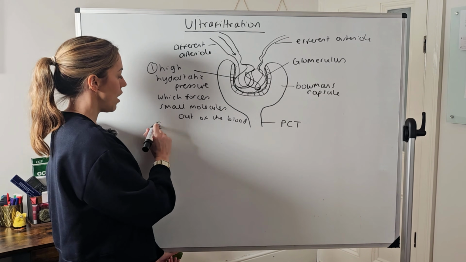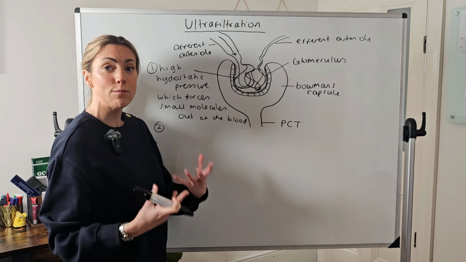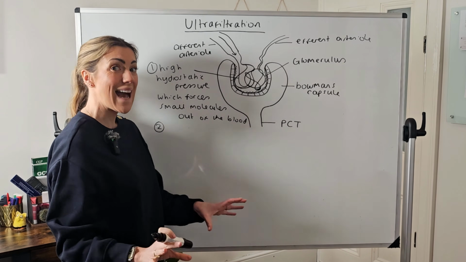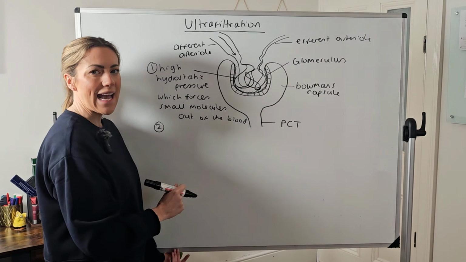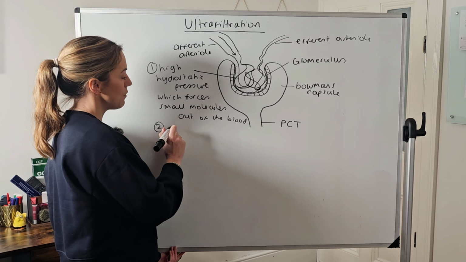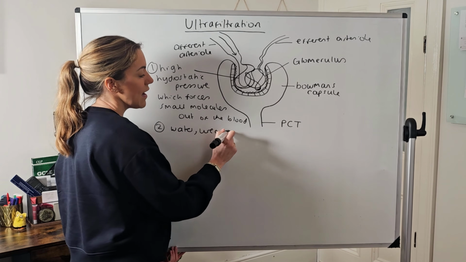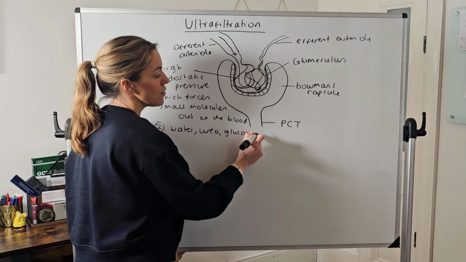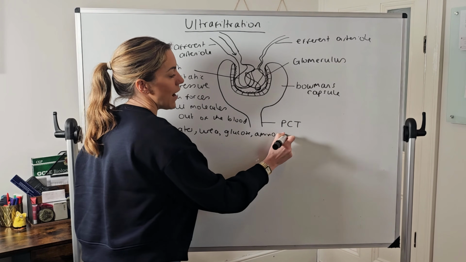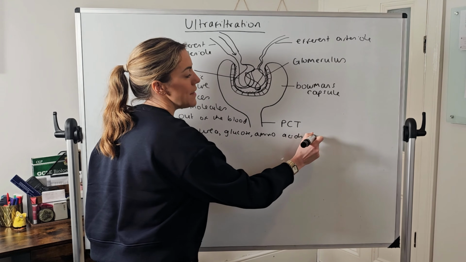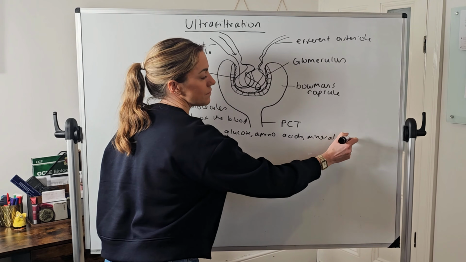Now, to get a second mark, we should really give some examples of these small molecules that can be forced out by that high hydrostatic pressure. So small molecules such as water, obviously urea, we could say glucose, we could say amino acids or mineral ions.